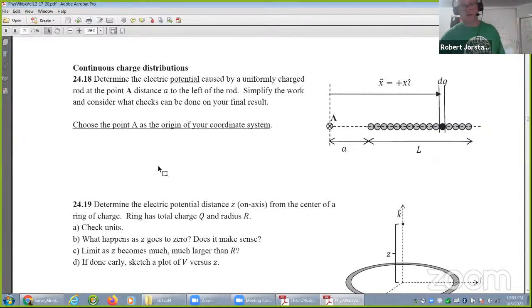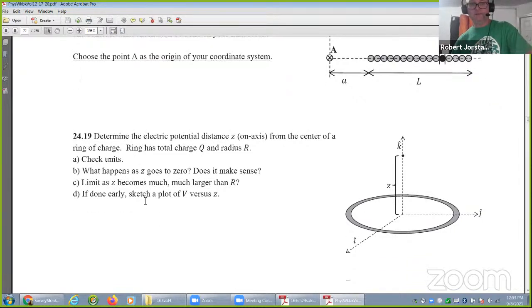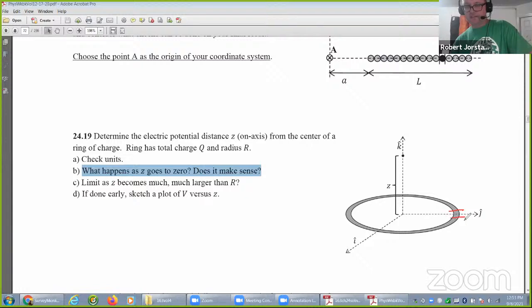All right. You could do the same thing for a ring. Piece of cake, right? For the ring, well, let's maybe just sketch out how you would do the ring. Do you agree you could just take a piece of this and you could do V equals the integral of dV, right?